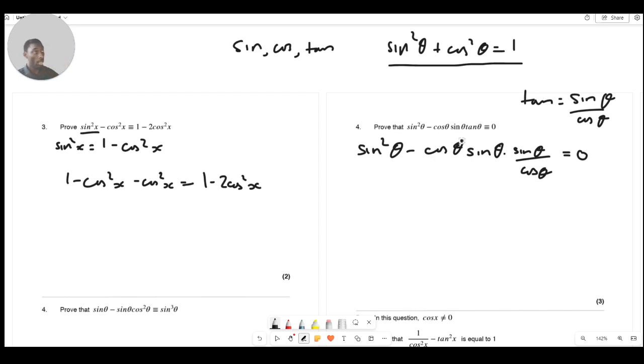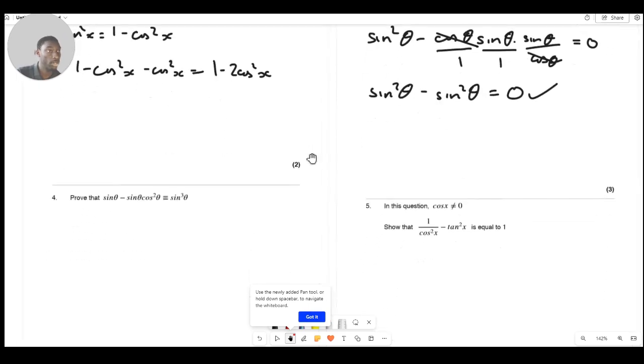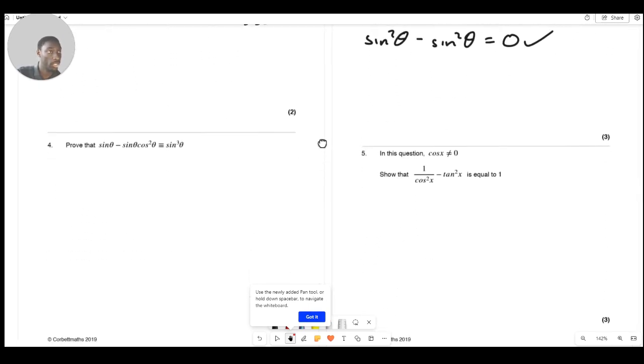So in my second term, I can cancel some terms out because I don't want to make it as fractions. So I can put a 1 and put this over 1. Now cos and cos can go. So now I have sine squared theta minus sine squared theta, and that equals 0. So that is proved. Okay, let's keep going along and let's see what other questions we have.